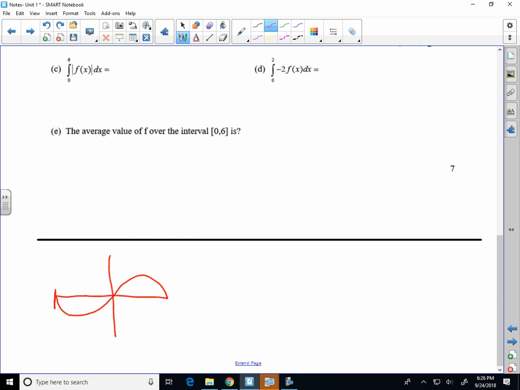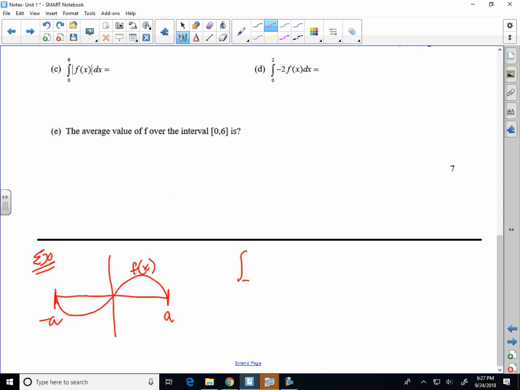So let's say this is negative a, and this is a. Not a to b, because I want to guarantee that the boundaries are symmetric. I'll call it f of x because I'm very creative.